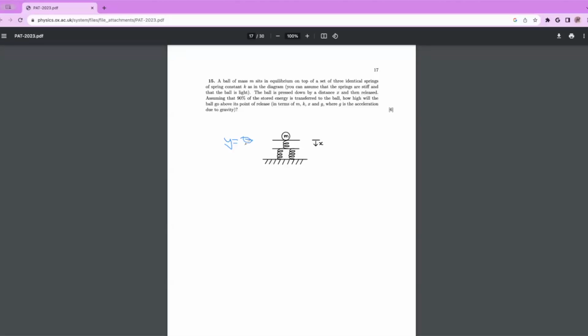Actually, no, that's not nice. We'll just consider that this is y equals x, because when it's pushed down by x, then it'll have no gravitational energy. So if we consider this y equals x, how do we go about this?